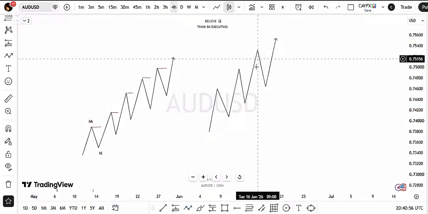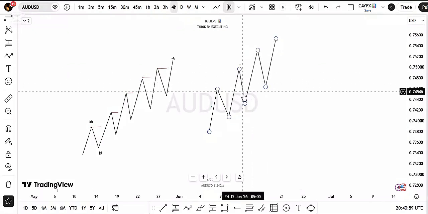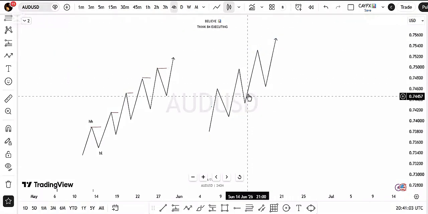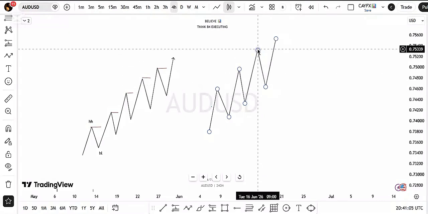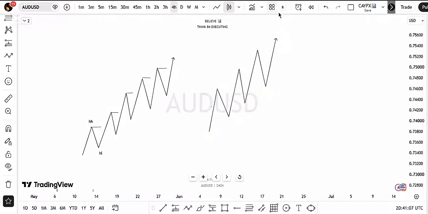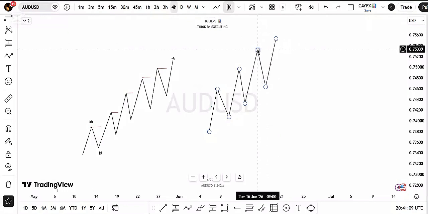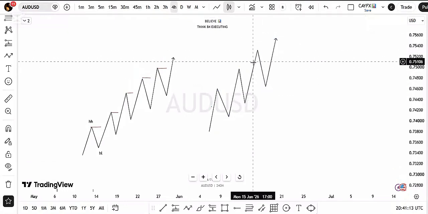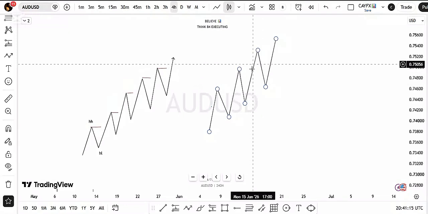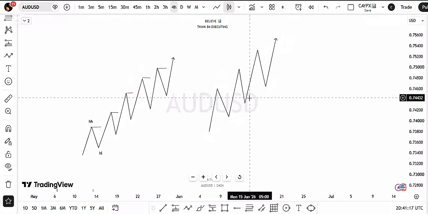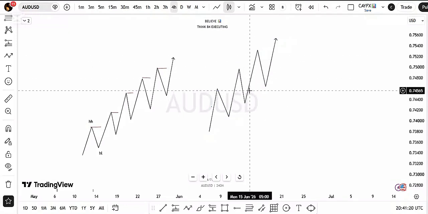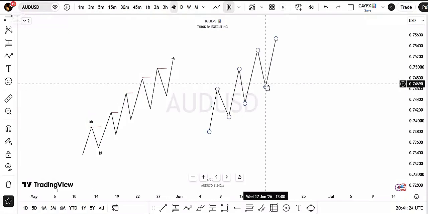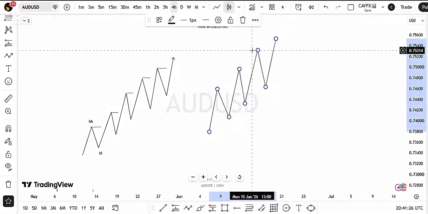The market does not just expand and keep going up. It will come down, take some liquidity inside this internal structure, and have enough fuel to expand again and break this external.